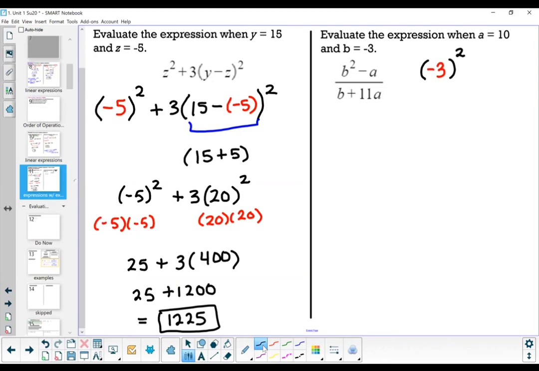All right, now we have minus a. So in parentheses, I'm putting 10. Now, in this case, you don't necessarily need the parentheses because we just substituted a positive 10. So if you want to leave that off, you can.